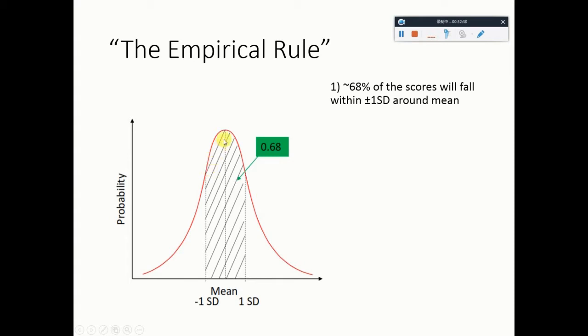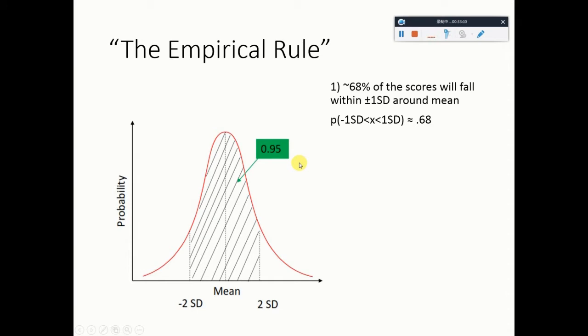That is, the area of this shaded part bound by 1 standard deviation above and below the mean is 0.68. That is, a value falling within 1 standard deviation around the mean has probability 0.68.